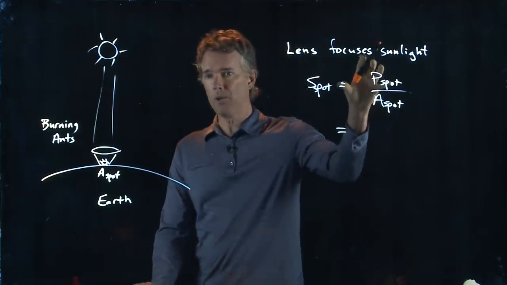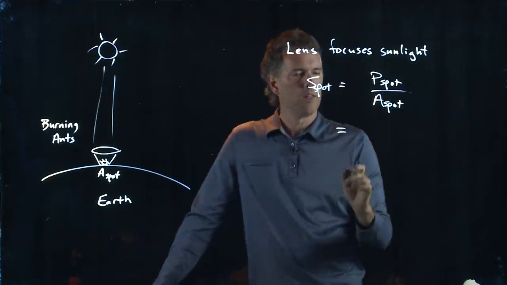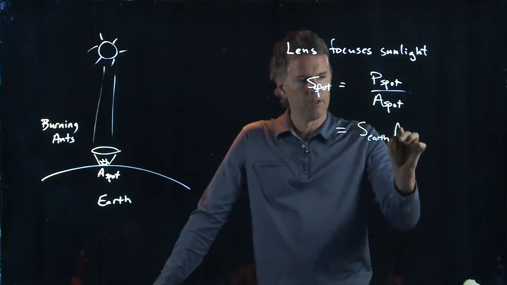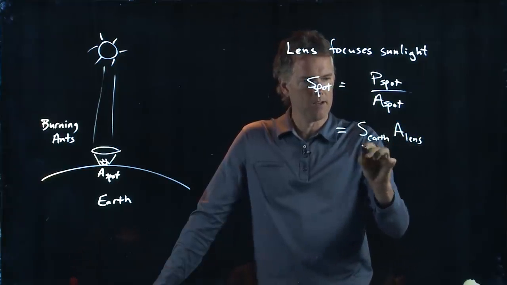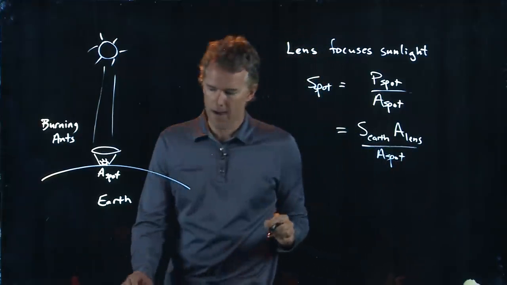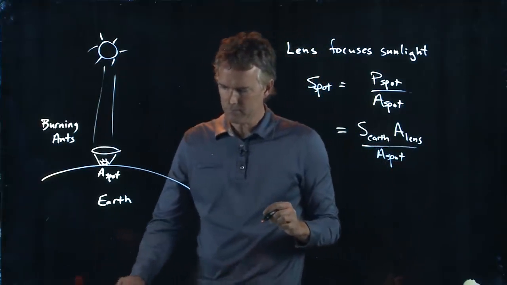But how much power you collect with your lens, that is just S at the Earth times the area of the lens. And then we have to divide by the area of the spot.